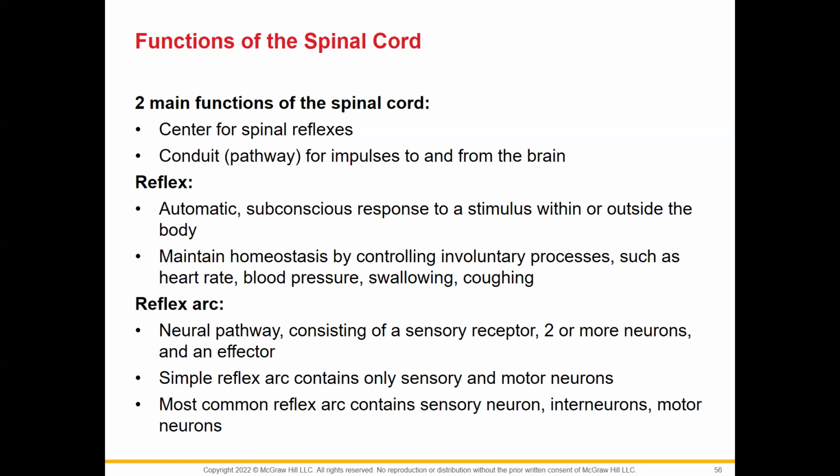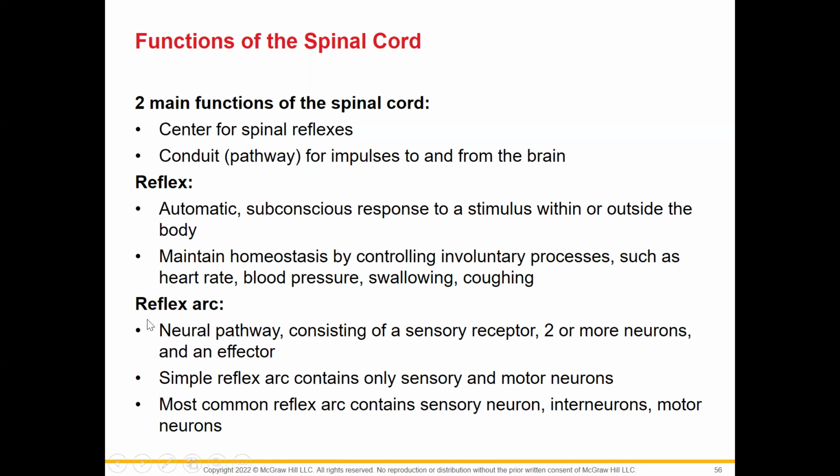You're able to cough, right, to make sure that nothing remains in your air passage that could compromise your ability to inhale and exhale. So those are some of the involuntary processes that the spinal cord helps to monitor in order to maintain homeostasis.